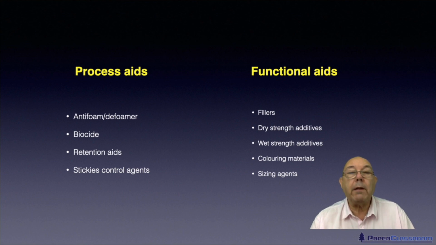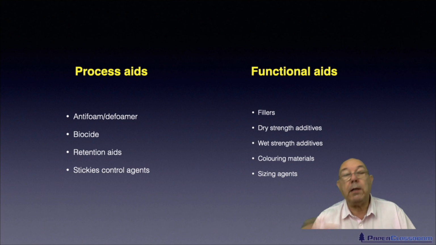So the customer will care how much filler we put in. He may want a nice strong sheet to go through a printing process. So dry strength additives are important. So the customer needs to know the strength of the sheet. He doesn't need to know how much dry strength additive we've put in or what we've put in, but he does need to measure the strength of the sheet.